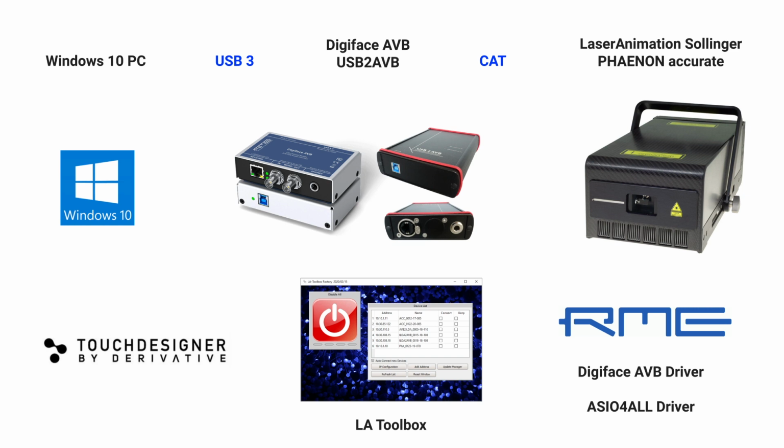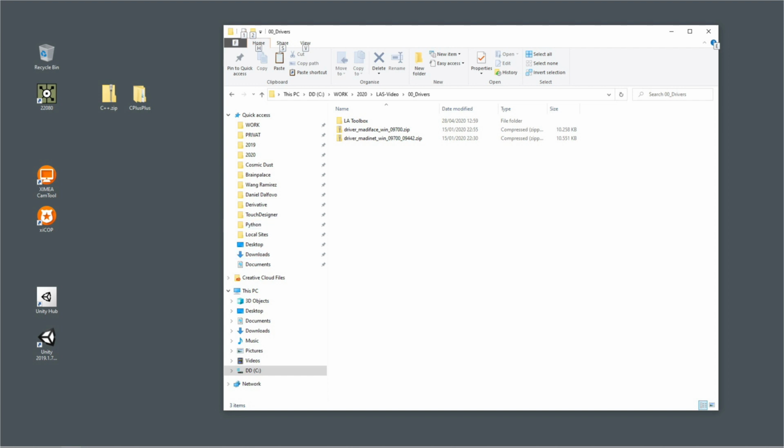And installed on my computer is TouchDesigner, the LA toolbox, and drivers from RME, the DigiFace AVB driver, and the ASIO for all driver. So in the next steps, let's look at the installations.